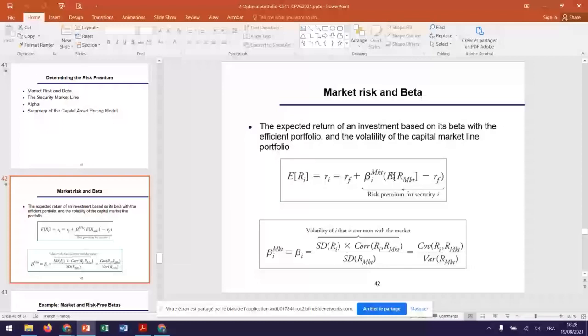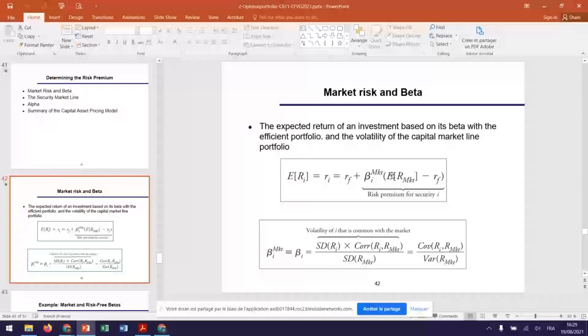The capital asset pricing model allows you to derive the relationship of risk and return of an individual stock. For example, if you want to buy Amazon stock, what is your expected return of holding Amazon stock?